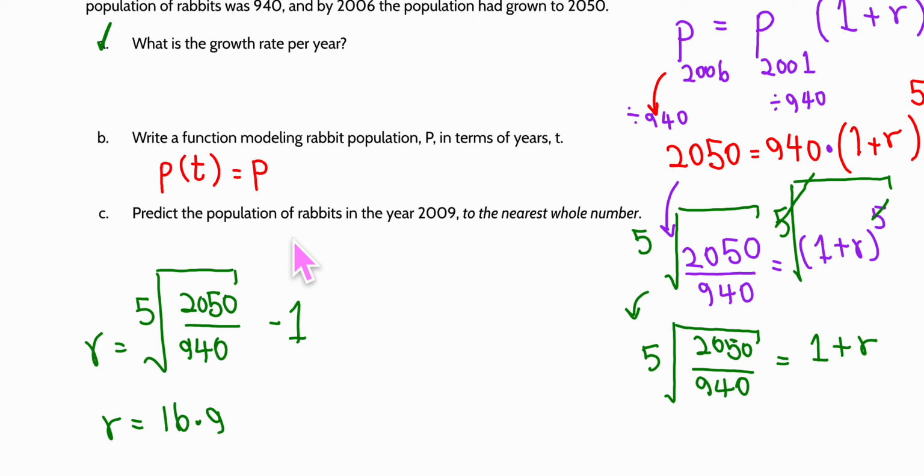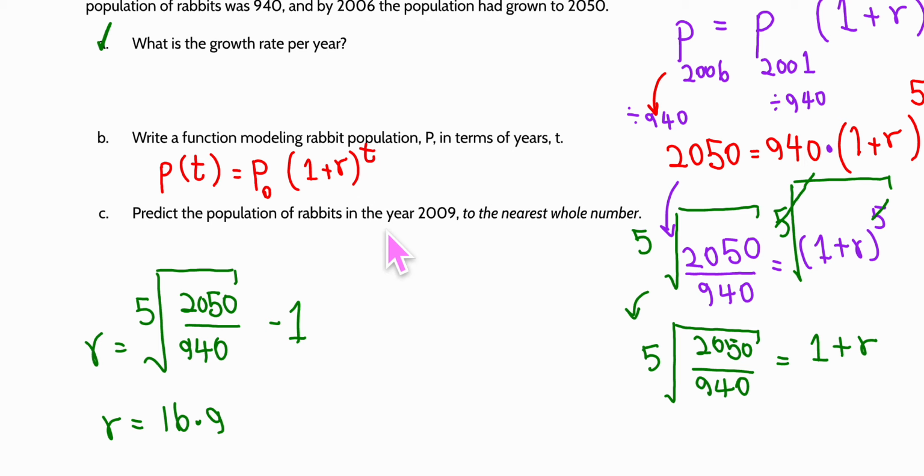We say initial population, which I would like to show with P0, so you can distinguish that from this P. The first P, this one, is your final population after a certain amount of time has passed by. P0 is the very first population reported to you, and we multiply that by 1 plus the growth rate to the power of T, the time that passes by.